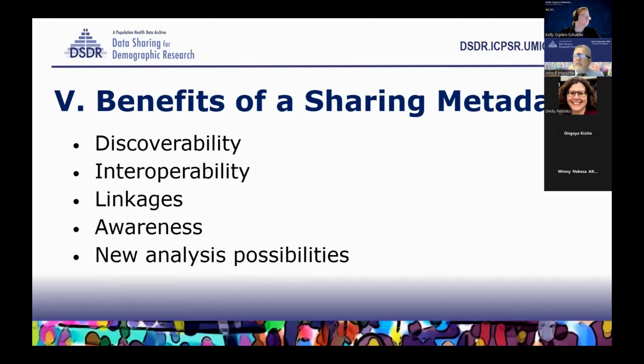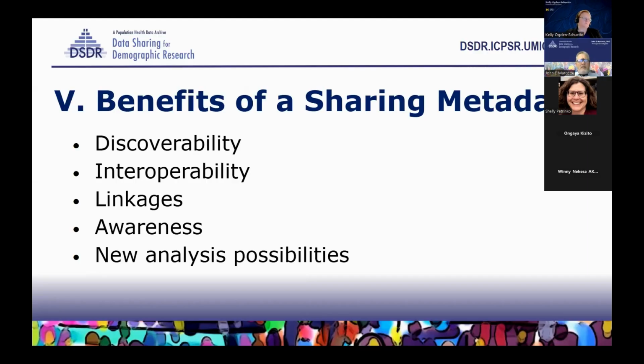So, what are the benefits of sharing metadata? As we've said, discoverability, interoperability, linkages, awareness. This is a key thing, awareness of different data that are available. And with that awareness come new analysis possibilities.